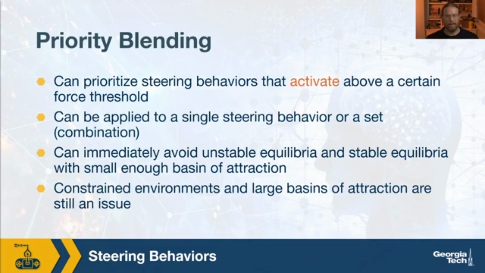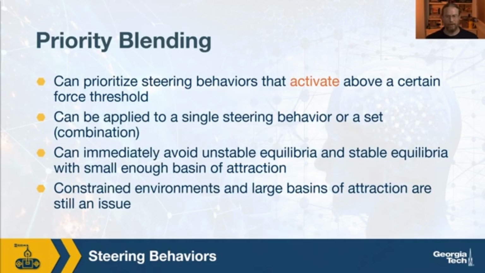So this can immediately avoid unstable equilibria. We saw before that unstable equilibria tend to destabilize and fall apart, but the agent is still briefly impeded by this. And so priority blending can just immediately avoid this sort of scenario by, say, prioritizing avoiding the obstacle. So there's no opportunity for the forces to cancel each other out or balance out.